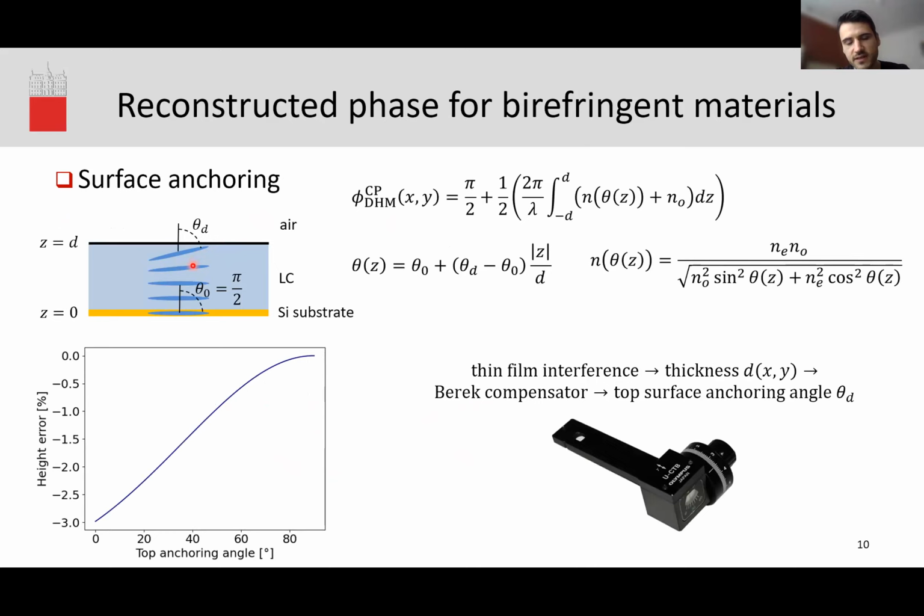The silicon substrate actually induces planar anchoring, but the liquid crystal is exposed to air at the top surface, and this top surface actually prefers homeotropic anchoring, so perpendicular, or zero zenithal angle.